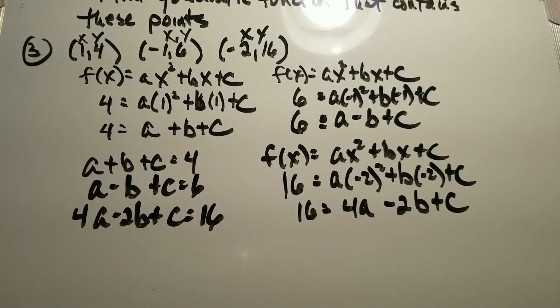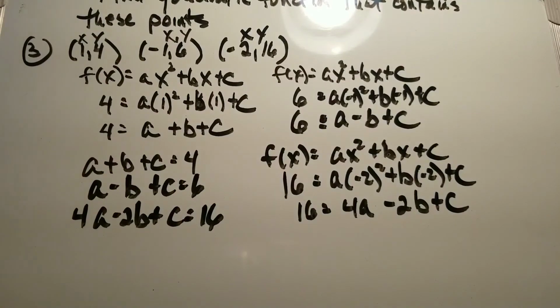And then you are going to have to solve each one. You'll get an answer for A, B, and C. And you must get A, B, and C in the problem.